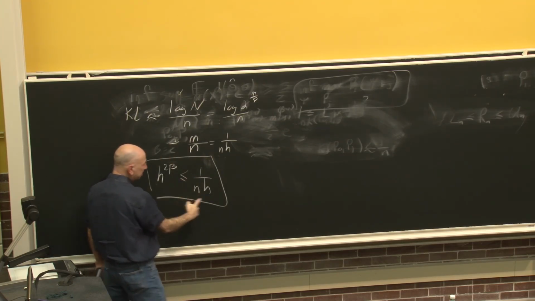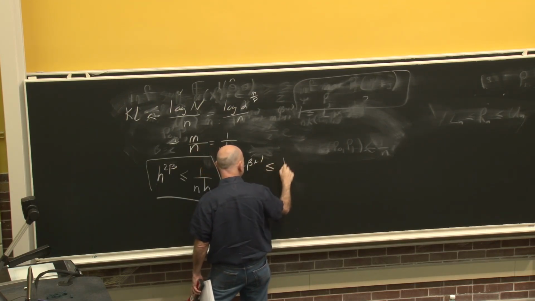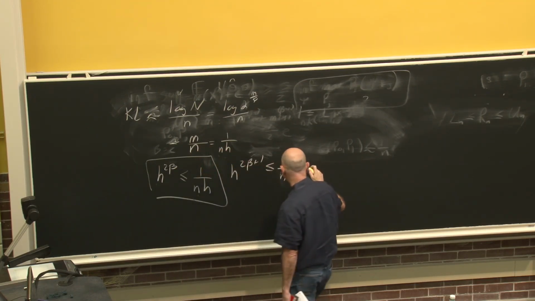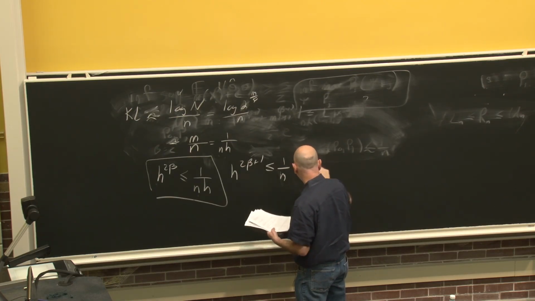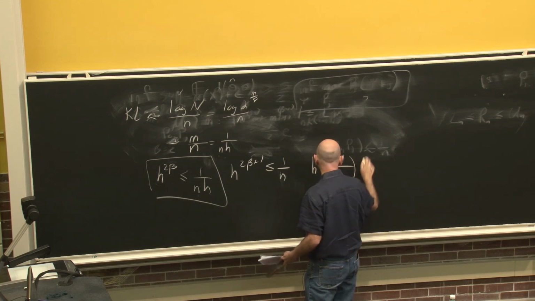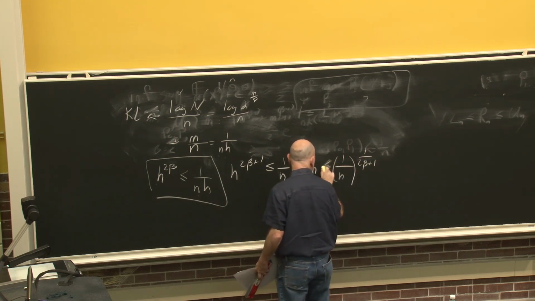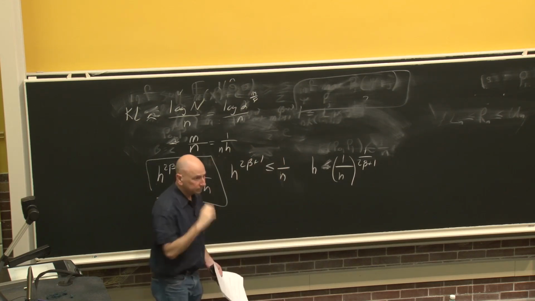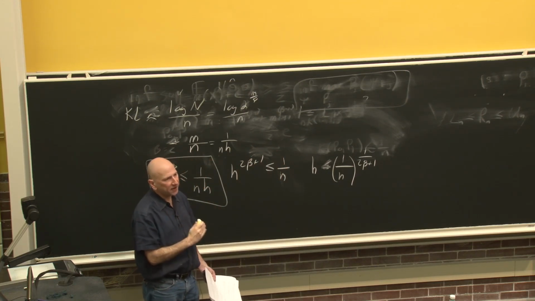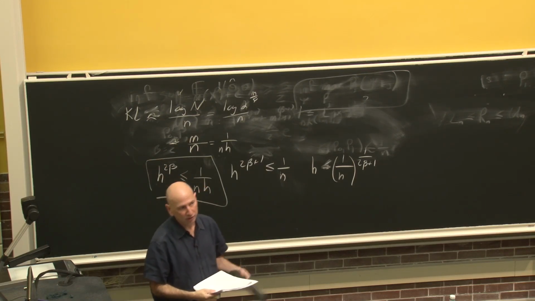So that tells us h to the 2 beta plus 1 has to be less than 1 over n, or h has to be less than 1 over n to the 1 over 2 beta plus 1. Let's set it equal to that. So verifying the condition forced us to choose the free parameter, h or m.